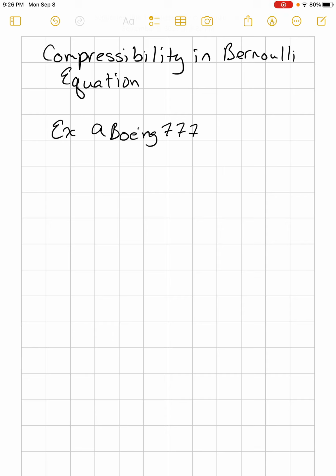Okay, so the example is we've got a Boeing 777, flies at Mach 0.82. I'll explain that more in a second here. At an altitude of 10,000 kilometers in a standard atmosphere.